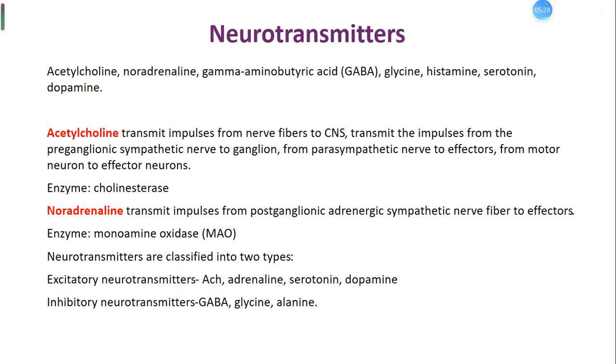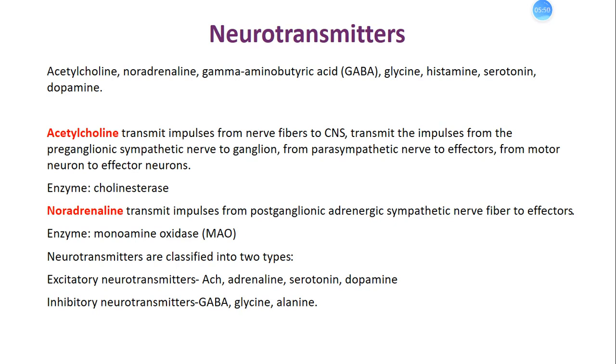Before that, I want to explain some information about neurotransmitters. A neurotransmitter must be found in the neuron and produced in the neuron. Because it's found and produced in the neuron, it must be released by the neuron.